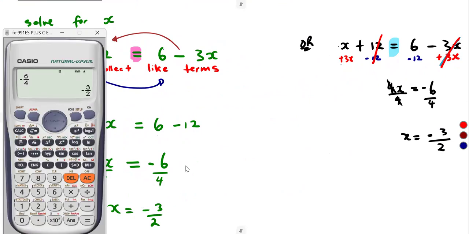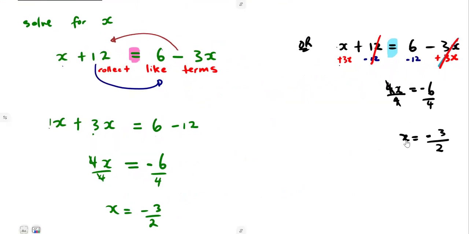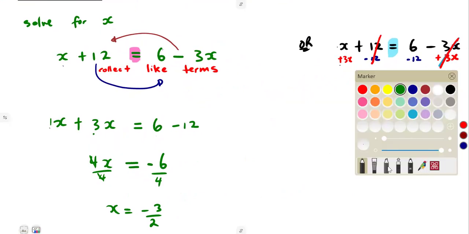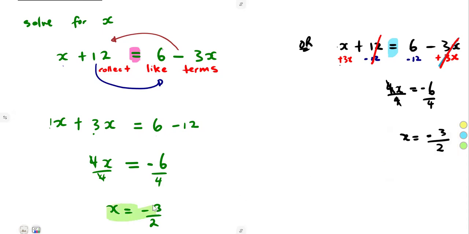You can have it as a decimal, minus 1,5. You can have it as a mixed fraction, minus 1 and 1 over 2. So it is up to you the way that you want to present your answers. All right, so this is an equation. You have solved for x. And as you can see, we have got one solution.